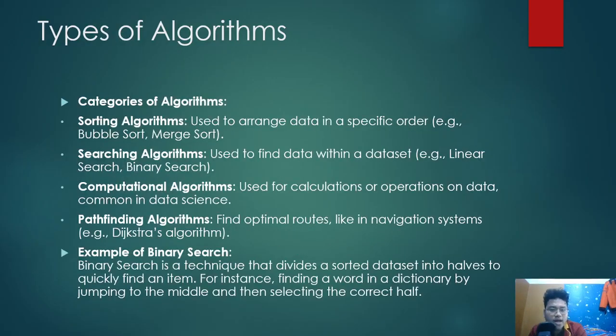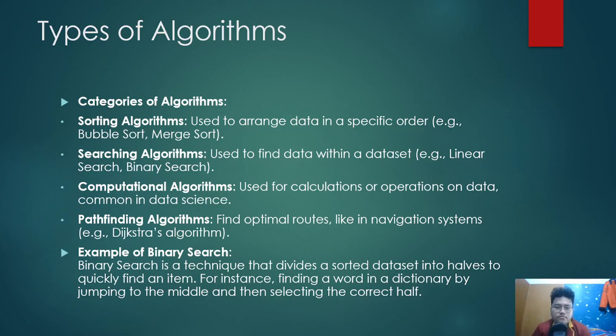Then we go to the types of algorithms. Categories of algorithms. The first one is sorting algorithms, used to arrange data in a specific order, like bubble sort, merge sort, etc. Then searching algorithms, used to find data within a data set, like linear search and binary search.